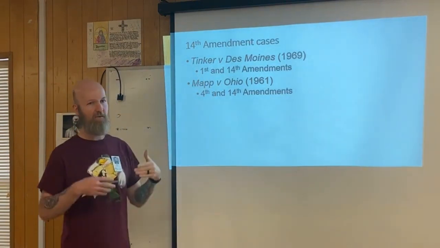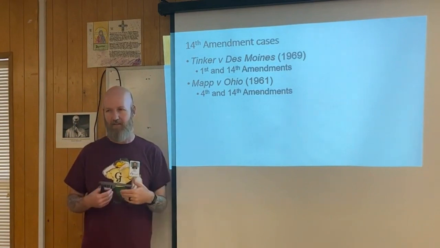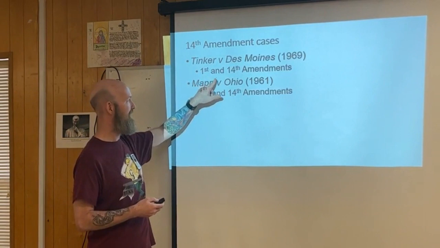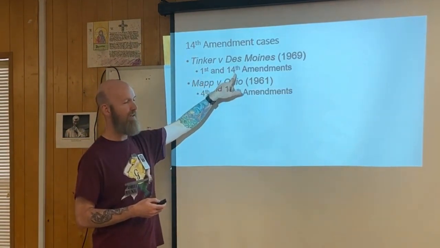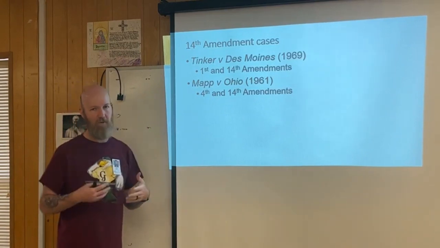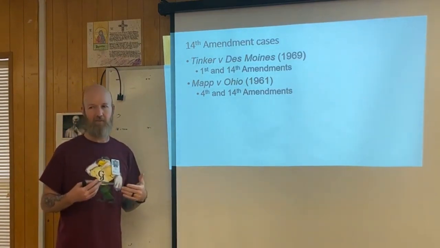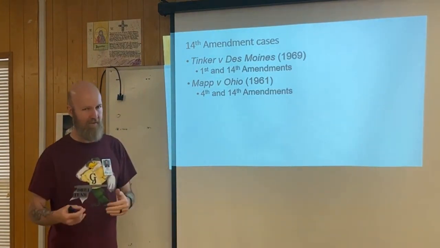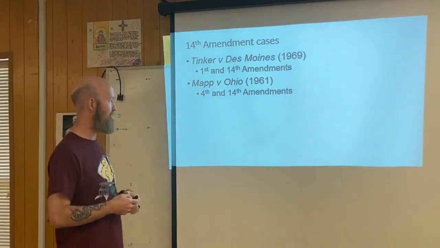So in order to say that the school was violating their rights, they had to say that the First Amendment was being violated, and the 14th Amendment was being violated. So anytime somebody is claiming a local government or a state government is violating their rights, that's going to be a whatever amendment and the 14th Amendment violation.